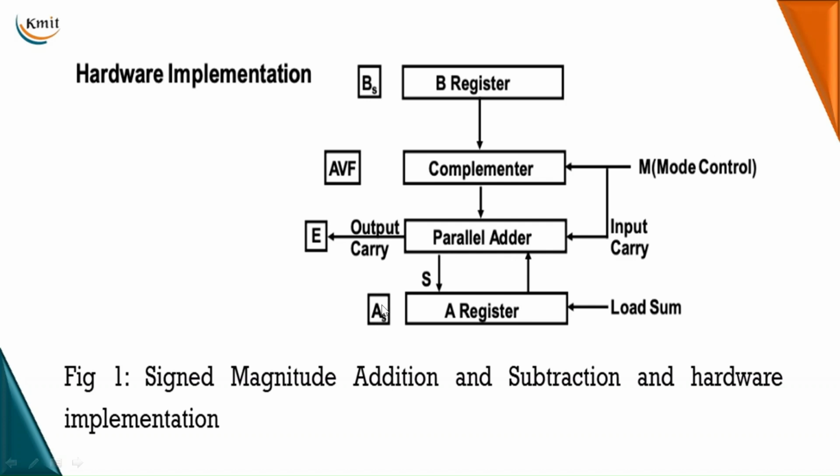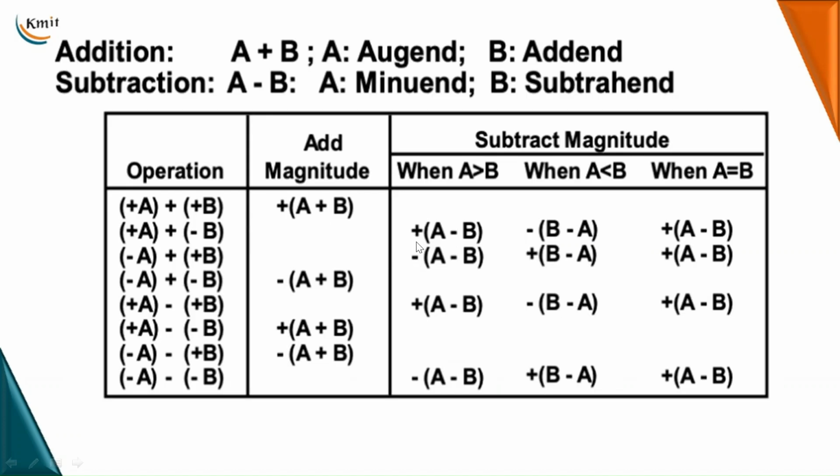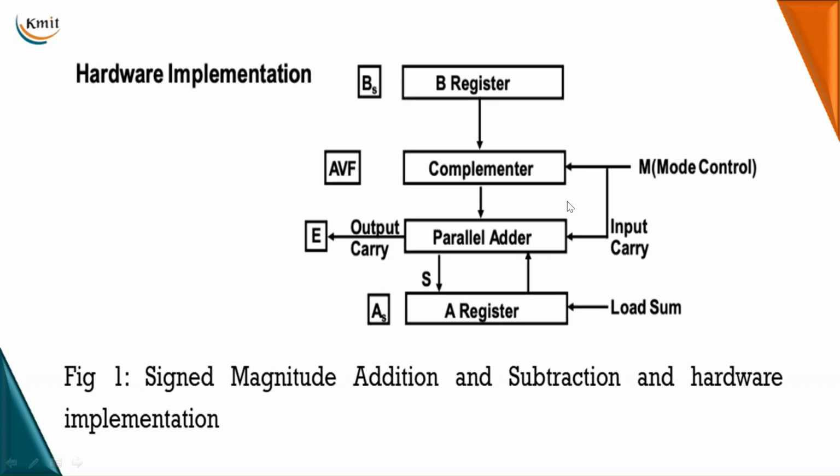First we require a parallel adder that performs the micro operation A plus B. Secondly, we need a comparator circuit. In this table, if you observe, if one operand is positive and the other is negative, we have to compare the magnitudes.